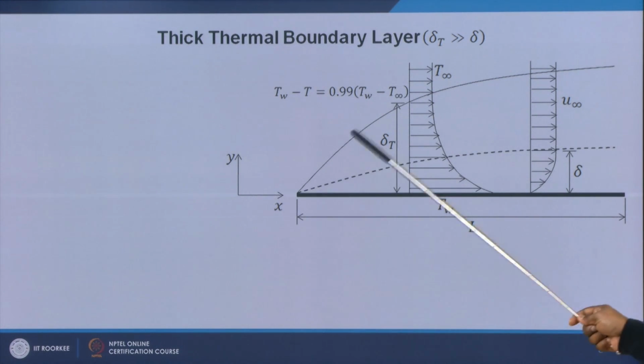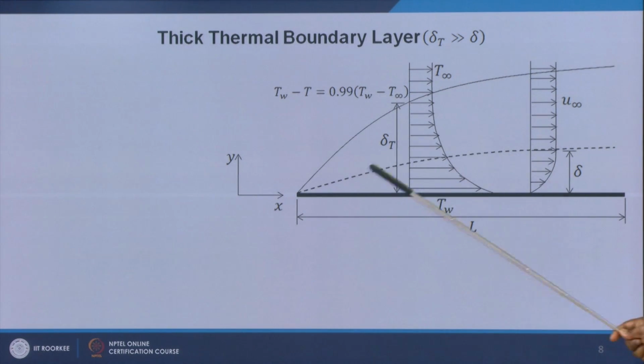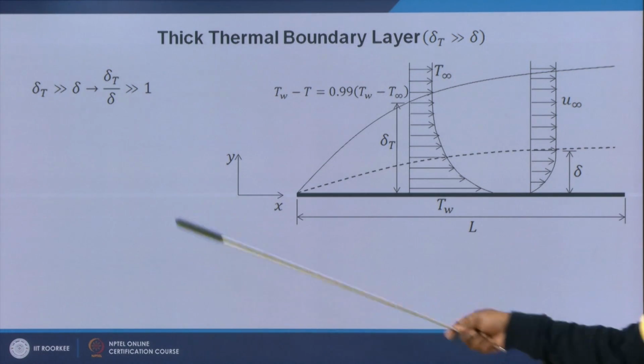And this is our thermal boundary layer, the locus of all those points where temperature becomes almost 99% of the free stream temperature. One important thing here is that delta T is higher than delta. Now in this case, let us see what happens in this comparison.